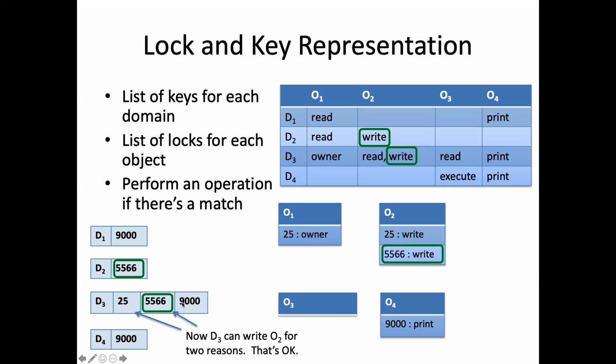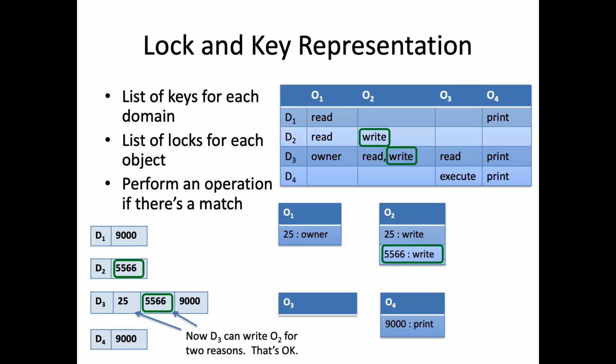And again, I just made up this number. If you've got key number 5566, that also lets you write to that object. And that's okay for a lock and key mechanism. There might be multiple keys that let a process running in a particular domain exercise a particular right on an object.